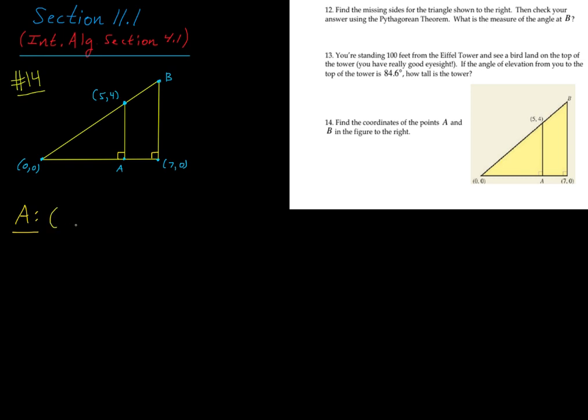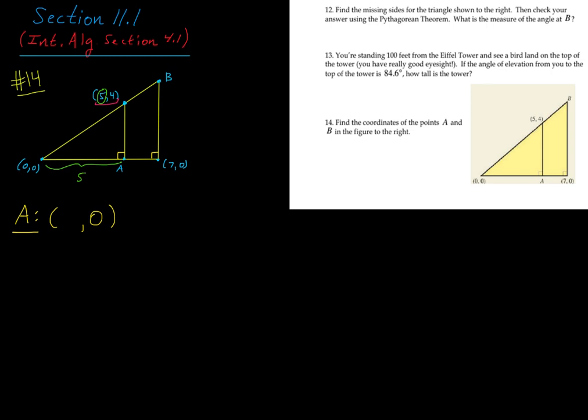So I'm going to put some coordinates here so we can say that the y-coordinate is 0. And then what about the x-coordinate? How far over is A? Well, for that, look up to this point 5, 4. For the x-coordinate, that's 5, so that's telling us this distance here is 5.